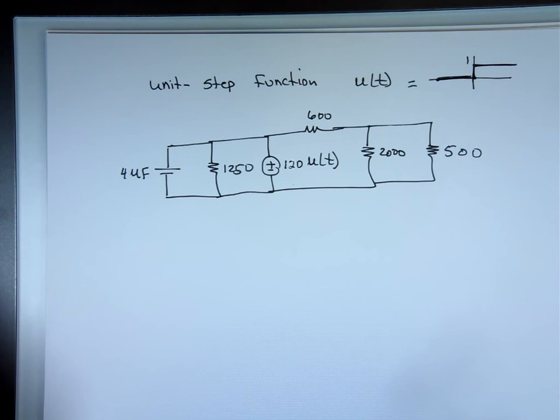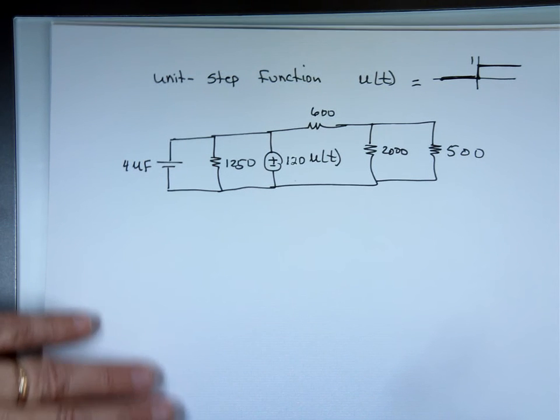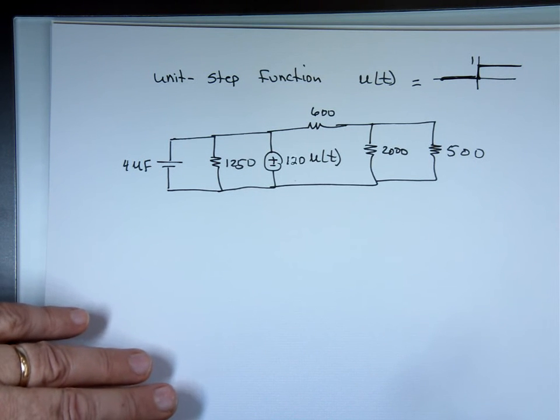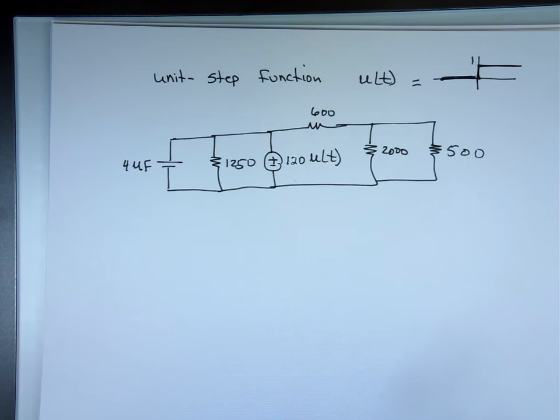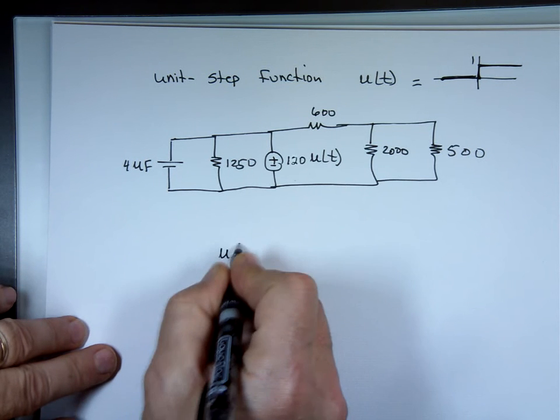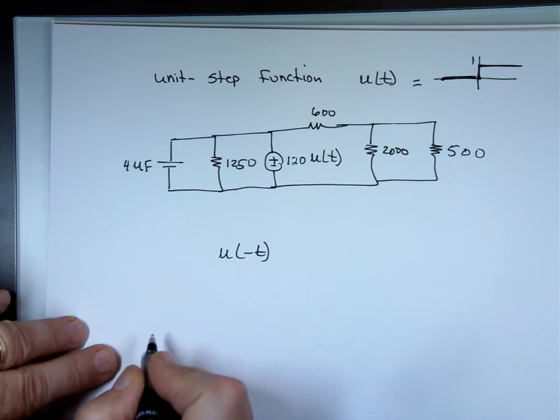Now, in the previous video, the switch was opening or closing or moving at t equals 0, right? It was connected, then you have no source after that. Well, if you want to do that, you can do u sub negative t. What's u sub negative t?